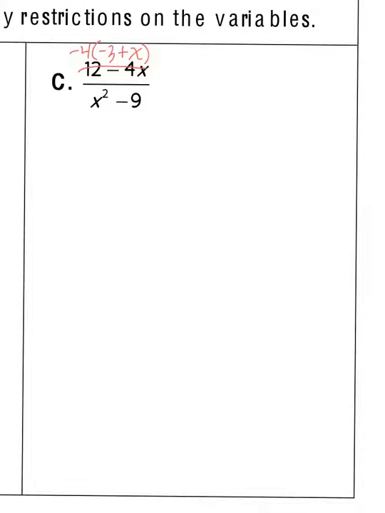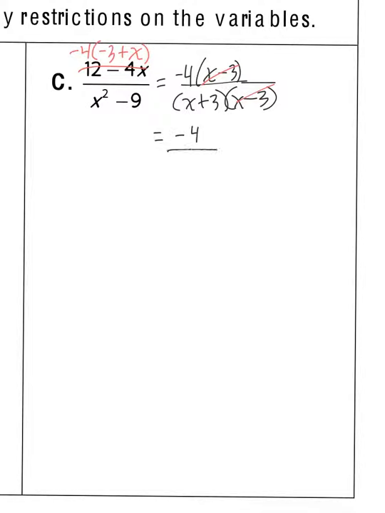So we end up with -4 times x minus 3 instead of -3 plus x, over the difference of 2 squares. I can cancel out an x minus 3 with an x minus 3, and so I get -4 in the numerator and an x plus 3 in the denominator. And x cannot equal -3 and +3. So plus or minus 3.